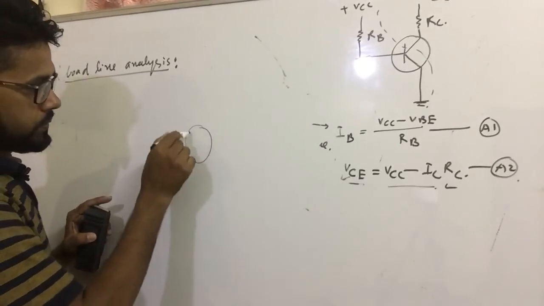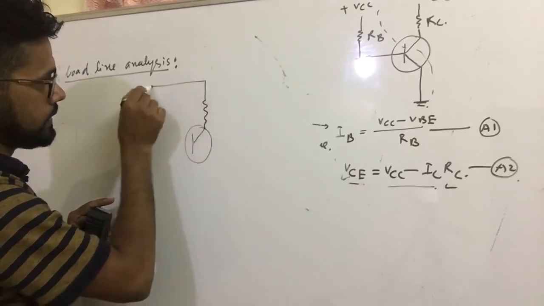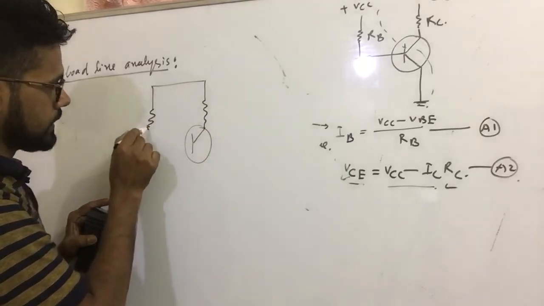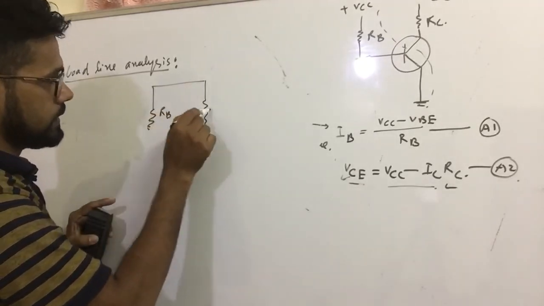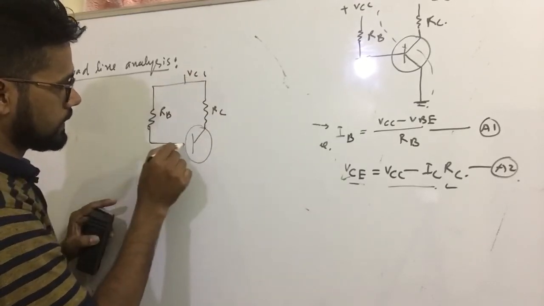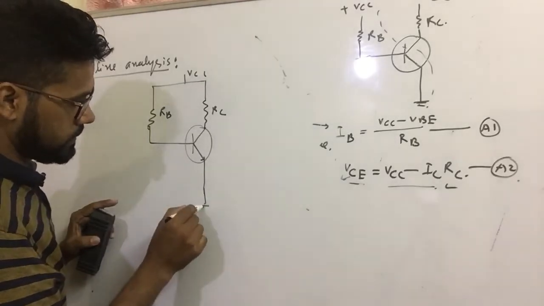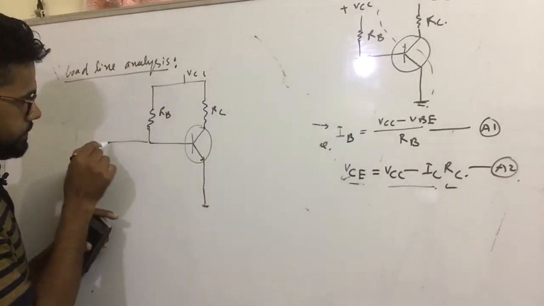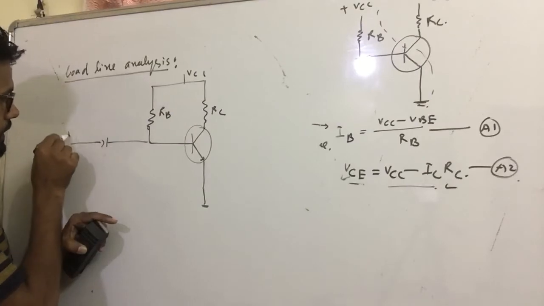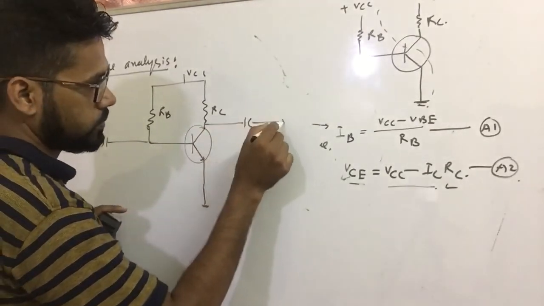Suppose I am drawing the fixed bias circuit again. This is RB, this is RC, this is VCC, this is connected to the base terminal, the emitter is grounded, and this is a capacitor, this is the input circuit, and this is a capacitor, this is the output circuit.